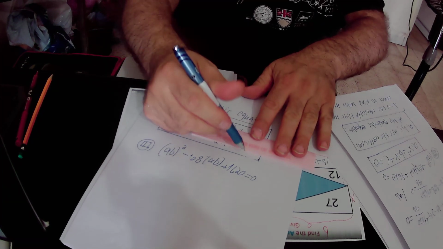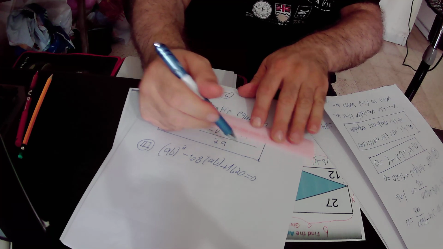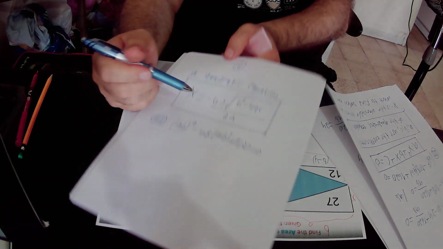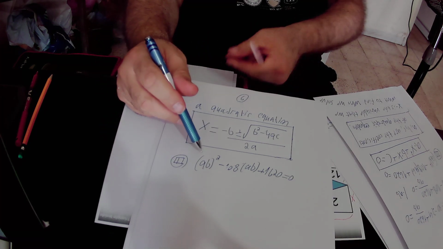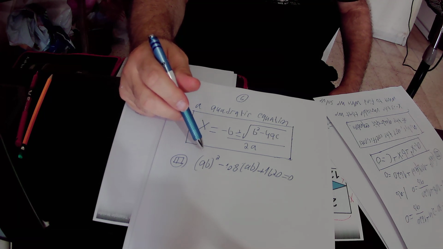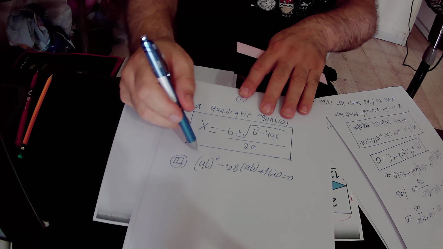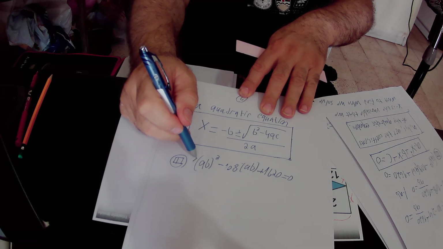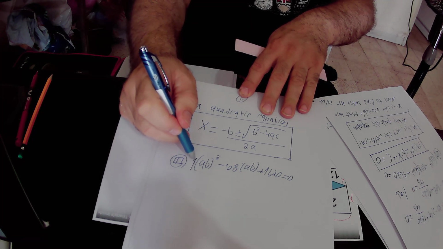Okay, so now we will find A, B and C in our quadratic equation. Here we will multiply AB squared by 1. You can multiply by 1 whatever you want.